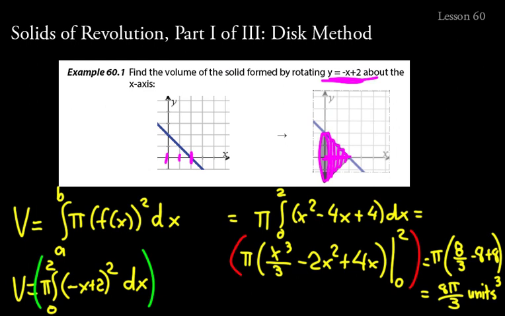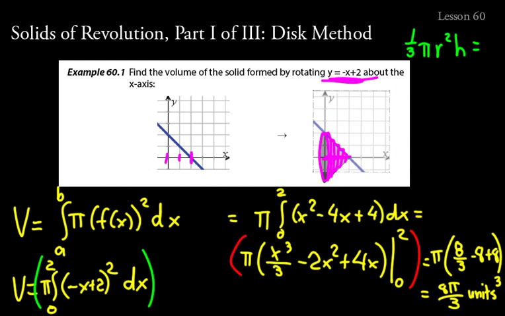Now, the observant student's going to notice that that's the volume of a cone with a height of 2, right? It's just this, pi r squared h, 1/3 of that. This should give us the same result, right? This is another reason that we want to do that answer highlighted in red, because it's kind of easy.